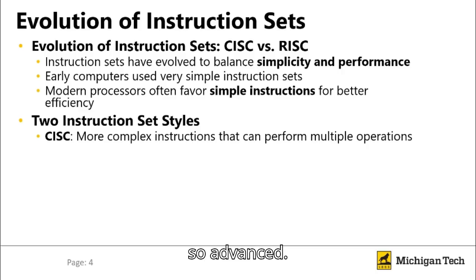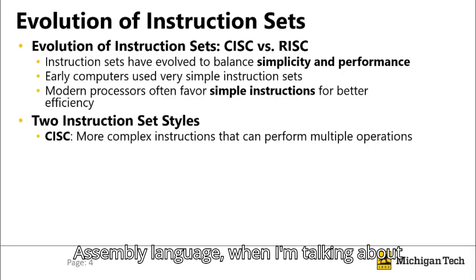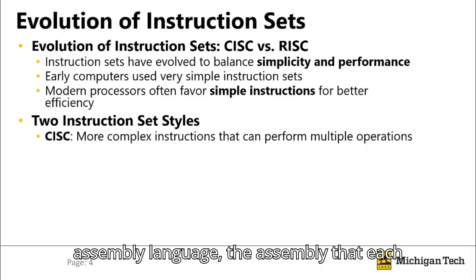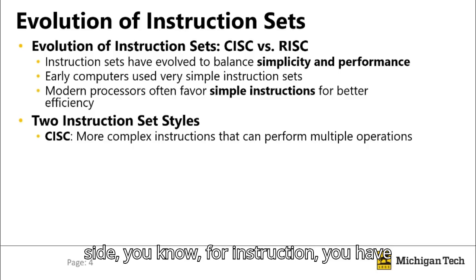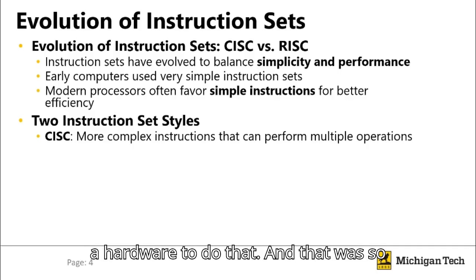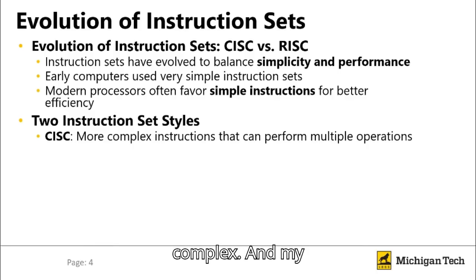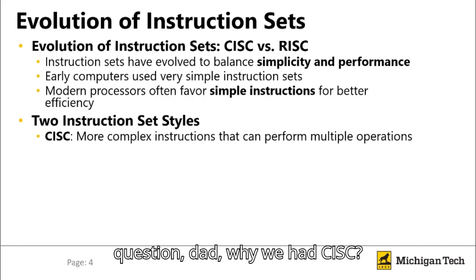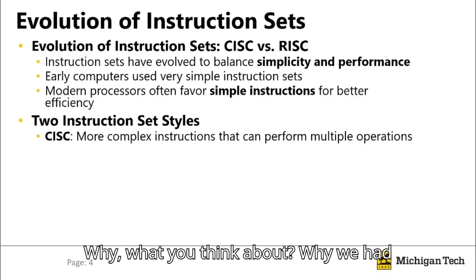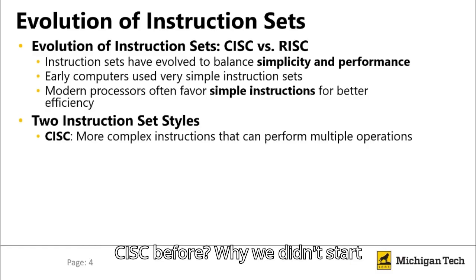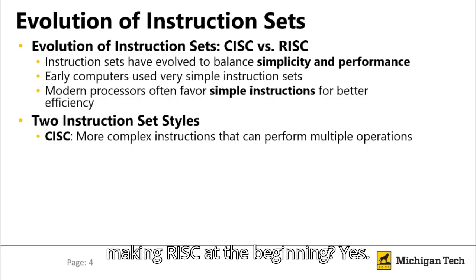When I'm talking about assembly language, each instruction was implemented in hardware. For each instruction you have hardware to do that, and that was so complex. My question is, why did we have CISC? Why didn't we start making RISC at the beginning?